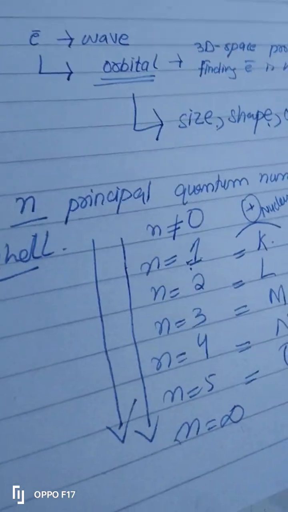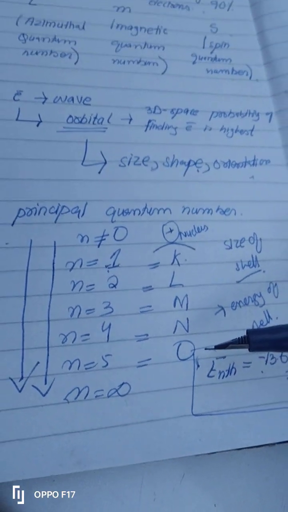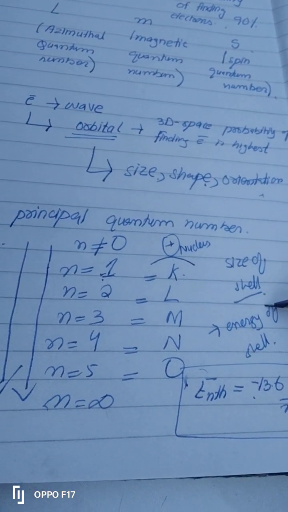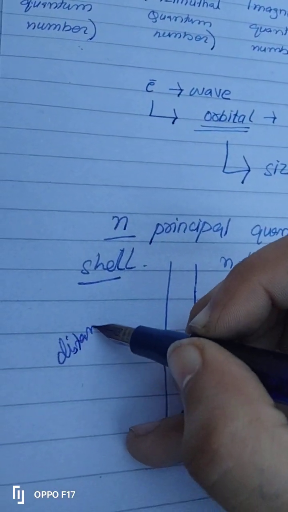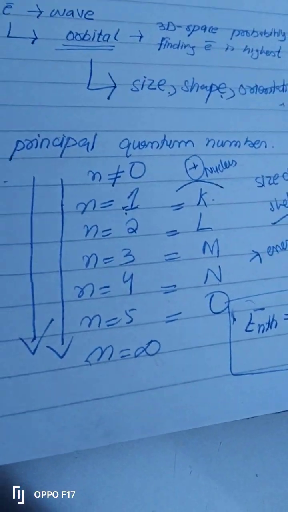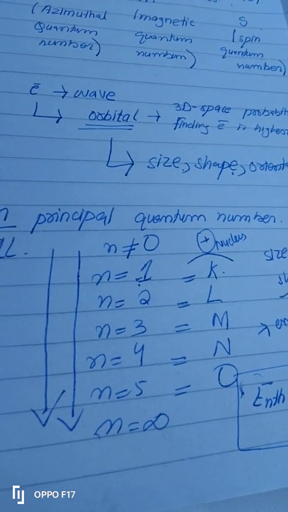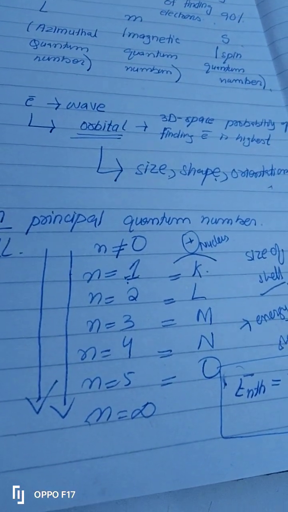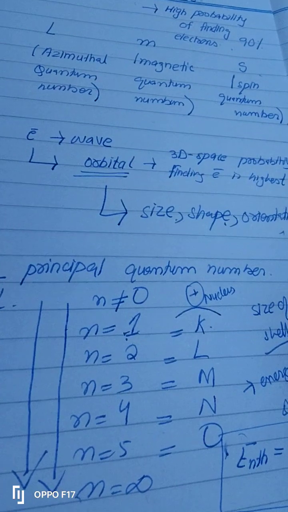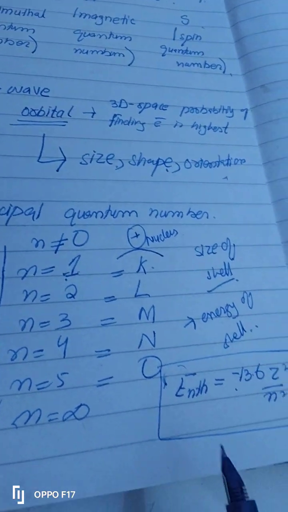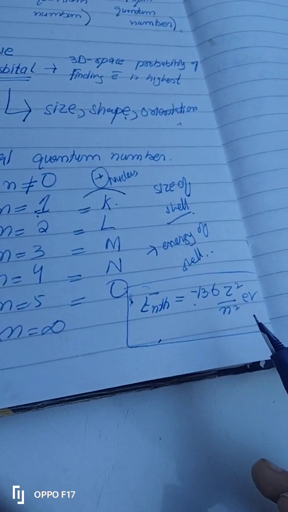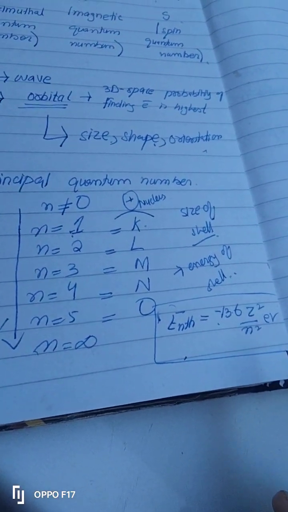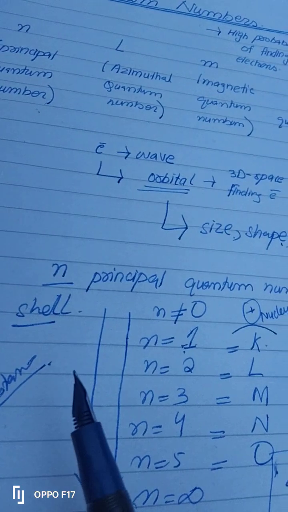As we move away from the nucleus, the size of the shell increases and the energy of the shell also increases, meaning the distance is increasing. So the principal quantum number tells you about the size of the shell, the energy of the shell, and the distance.